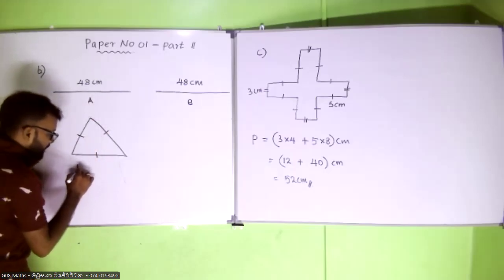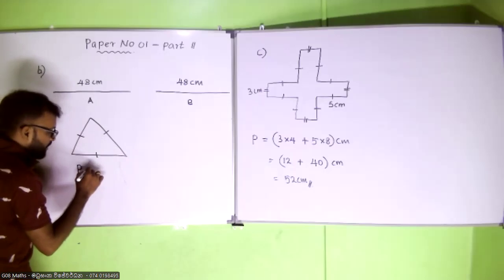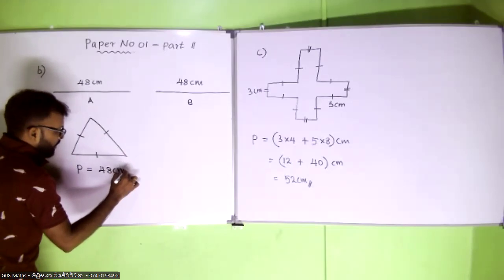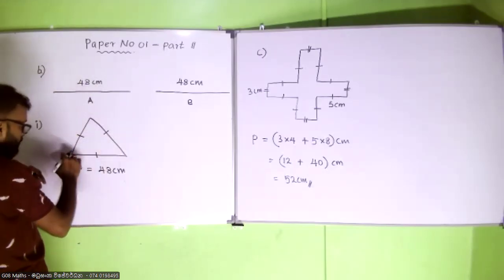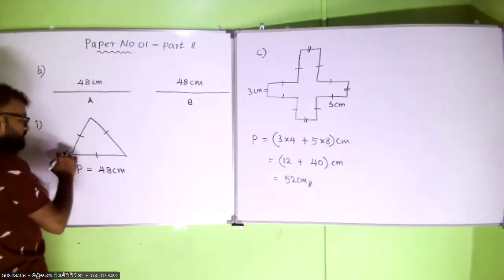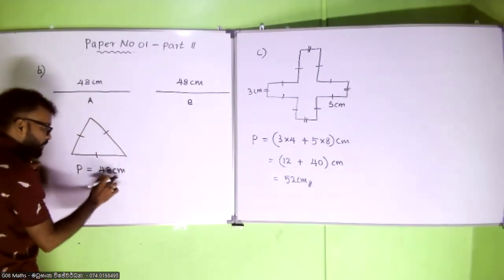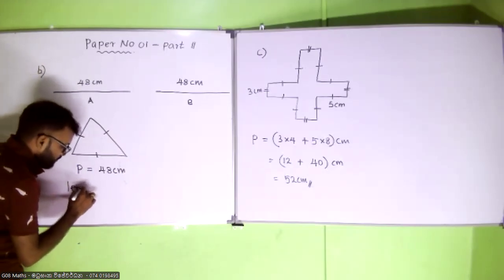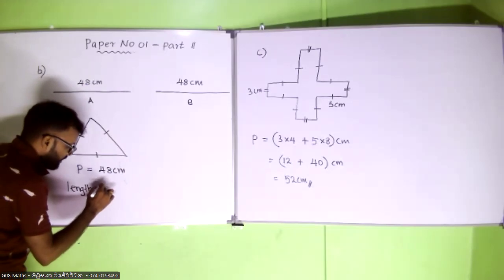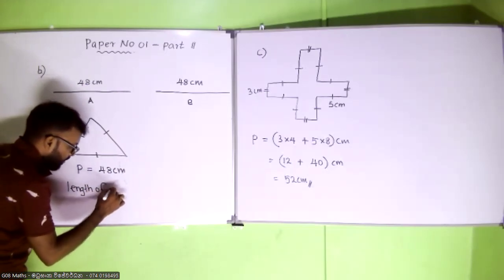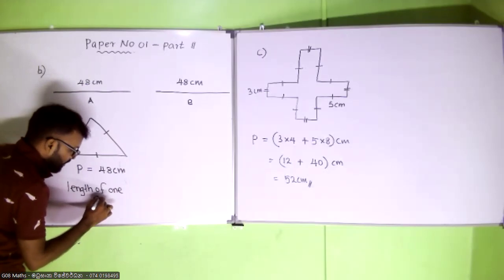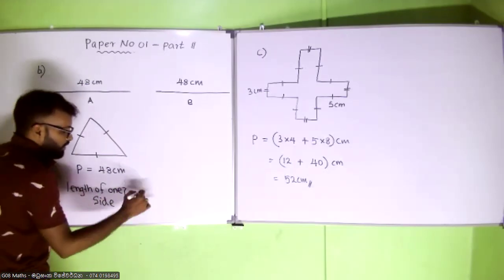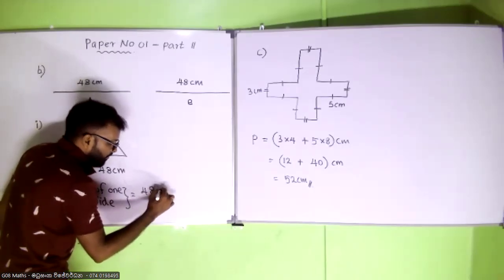So I will write my perimeter of this equilateral triangle is 48 centimeters. Now, because this wire has been folded around this equilateral triangle, my perimeter is 48 centimeters. So if you want to find the length of one side, it can be calculated by dividing this 48 centimeters by 3.